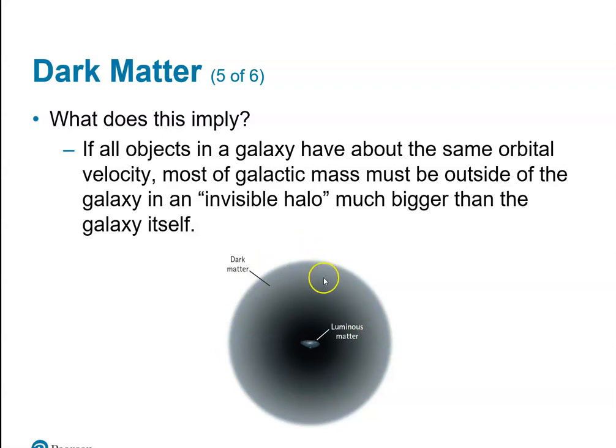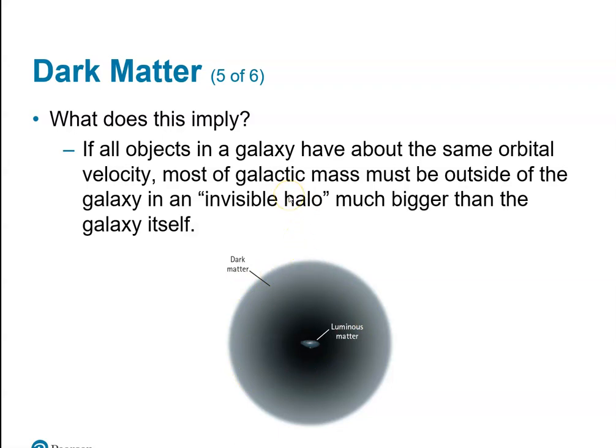And not only do we know it's in the halo of our galaxy, the Milky Way, but every galaxy that we look at seems to have dark matter surrounding it. In fact, a lot of the theories nowadays that involve the formation of galaxies, we think that's where the dark matter was distributed during the Big Bang.